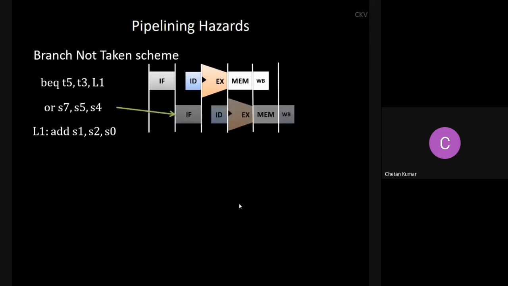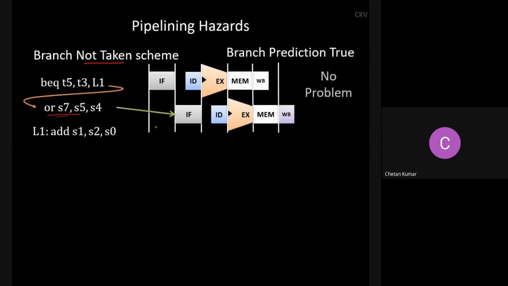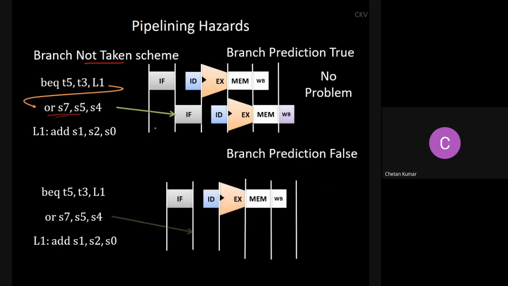In the not taken scheme, you start fetching the next instruction. If the prediction is true, you don't do anything. But if the prediction is false, then at the end of the EX stage you will know whether the condition is true or not. At that point, you have to flush. Now how should this happen in the hardware? What pipeline stages should I flush?